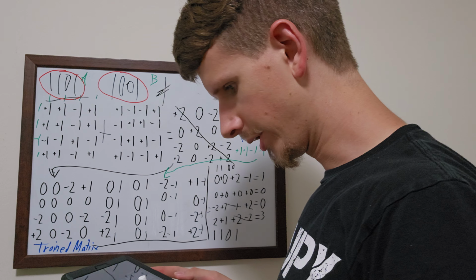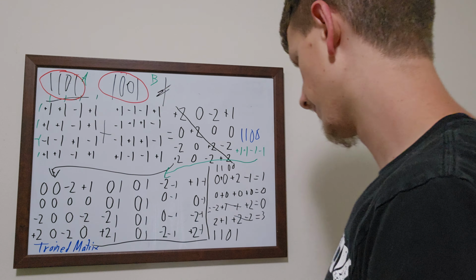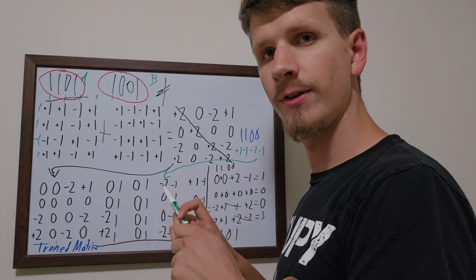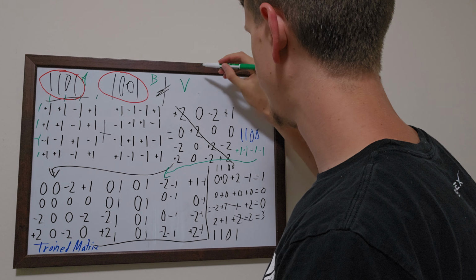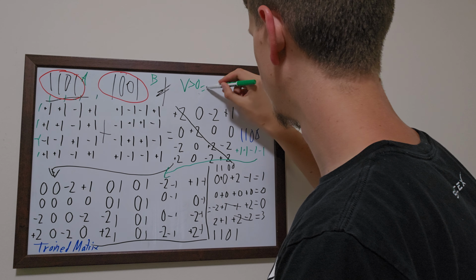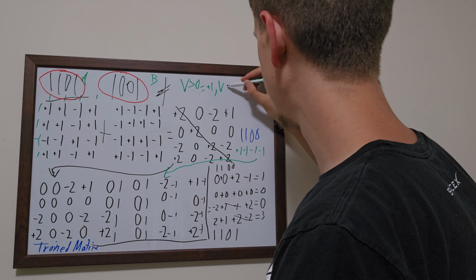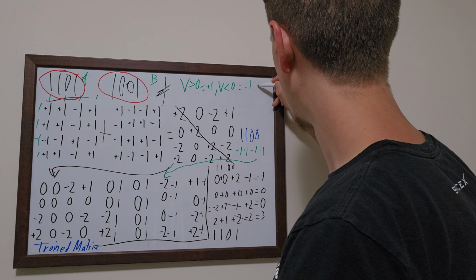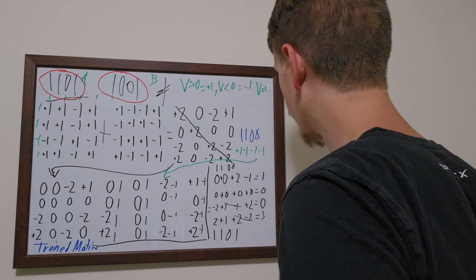Okay, his terminology for this was V. So, okay, V it is. So if V is greater than 0 equals plus 1, V is less than 0 equals negative 1, and V equals, that didn't turn out right.